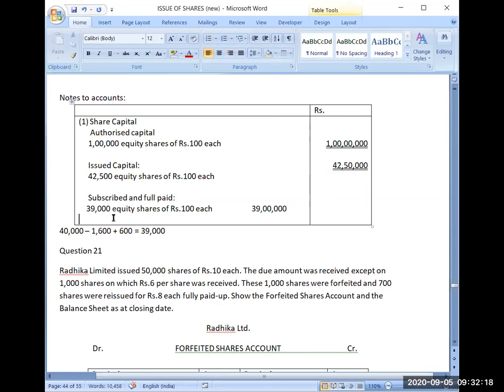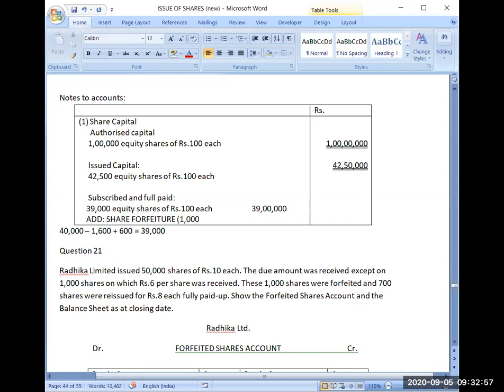Now, because you have forfeited these 1,600 shares, so in share forfeiture account you will be having a balance. That balance will be added here. Add share forfeiture, and the balance amount will be for 1,000 shares only, because you have forfeited 1,600 and you have reissued 600 shares out of that.